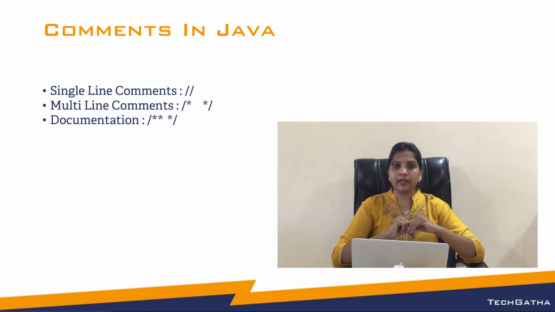Now, why do you need these types of comments? Single line comments are used when you just need to write a single line of documentation for your code. Multi-line comments are used for writing what functionality your code provides.